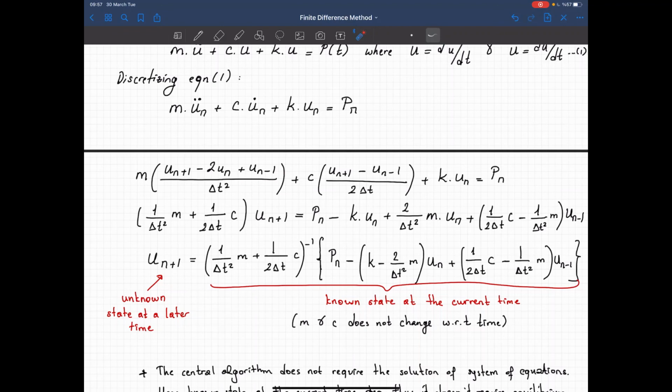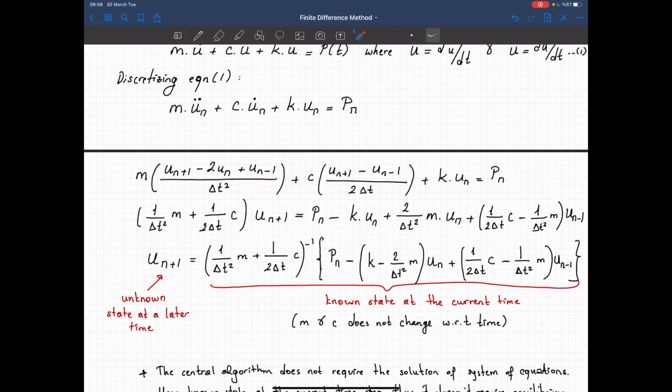If you want to start with some initial conditions, what are the values of these initial conditions at the previous time step? If you start from rest, no problem, you can just assume that un minus 1 is also equal to 0. But what will happen if you start with some certain initial displacement and velocity? What's the value of this one?